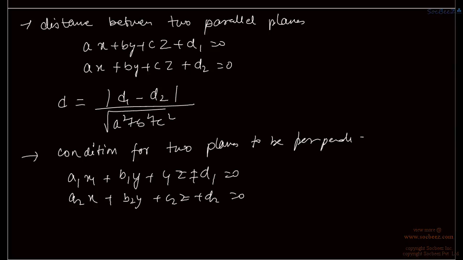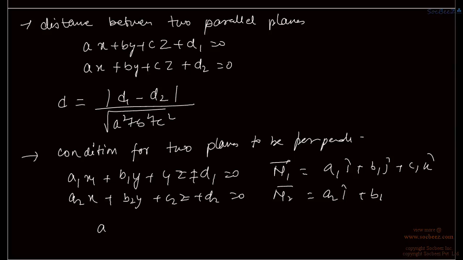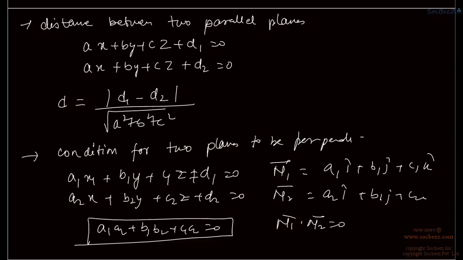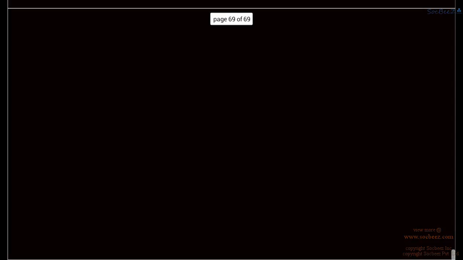So we have a relation. The normal vectors of these two planes are also perpendicular. Say n1 is the normal vector of the first plane and n2 of the second. So n1 is a1i plus b1j plus c1k, and n2 is a2i plus b2j plus c2k. So we will always get n1 dot n2 is equal to 0, right? So we have the relation a1a2 plus b1b2 plus c1c2 is equal to 0, such that these two planes are perpendicular, right?